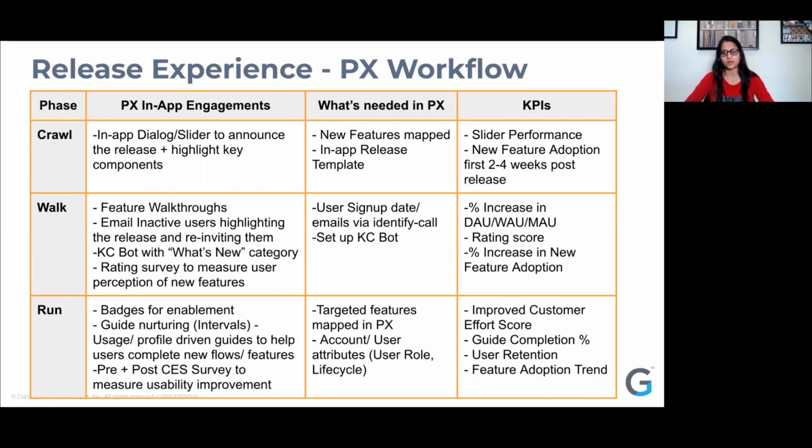Also very much focusing on the KPIs at each stage here, because we put a lot of premium on capturing these success metrics and KPIs to ensure that with any of our release experiences, we are moving in the right direction, capturing the right metrics, and iterating as needed. What's needed in PX: if you're using PX or a product like PX, this column will be very relevant to you. If not, these are features or configurations you can think of setting up in any of the tools you're using today to achieve any of these crawl, walk, run phases. I'll do a quick double click on each of these in the following slides.